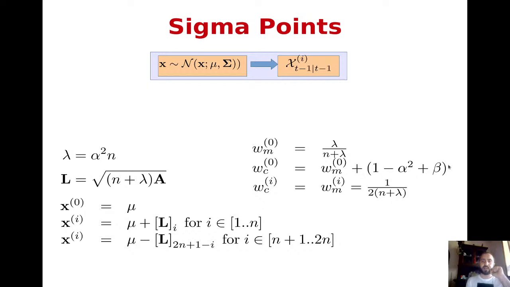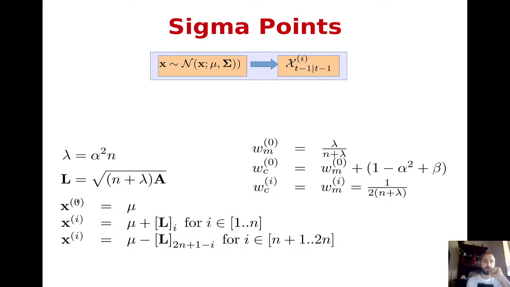So once we define these values, how do we compute sigma points? We define the parameter lambda using alpha squared times the dimension of our problem, so the dimension of our Gaussian. Then we compute the Cholesky decomposition of the covariance. A, in this case, is actually the sigma, the covariance of the Gaussian.